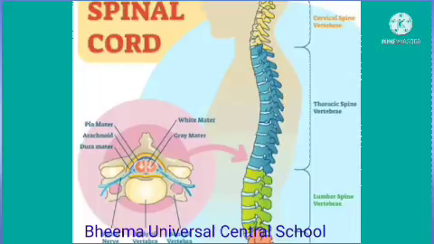The vertebrae are hollow. Hollow means empty in the center. It protects the spinal cord which is connected to the brain. The skull is attached to the spine or the backbone with the help of these vertebrae.